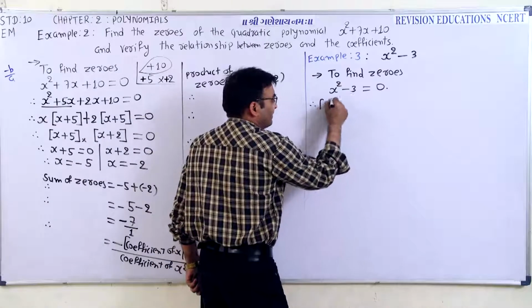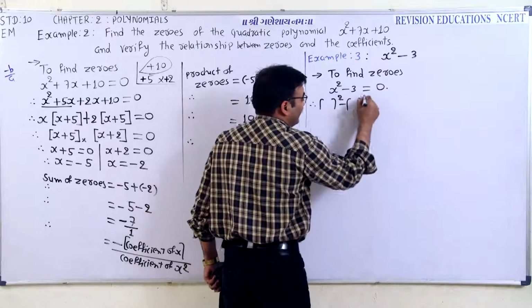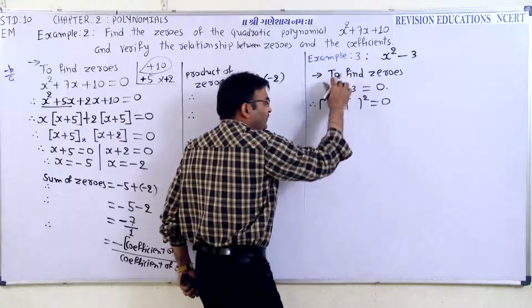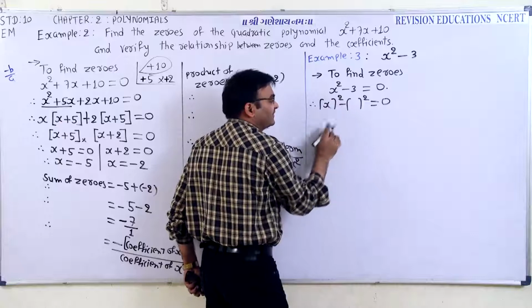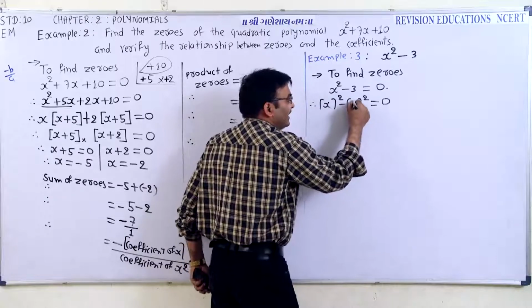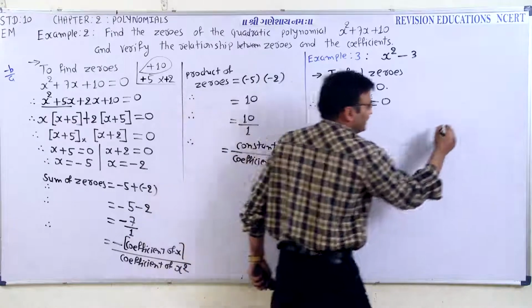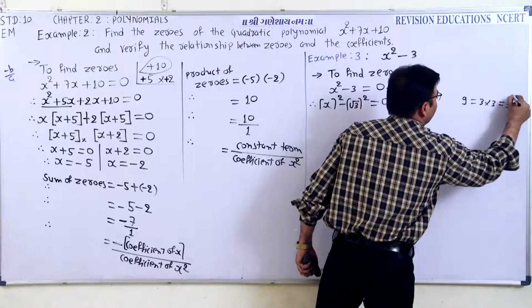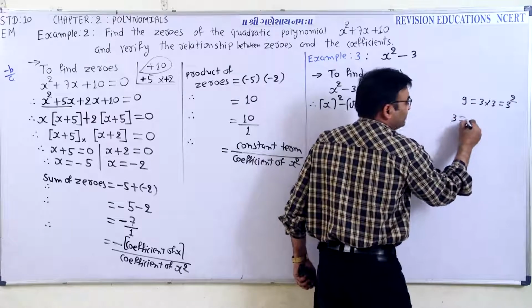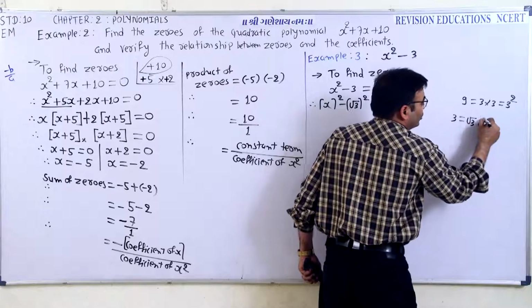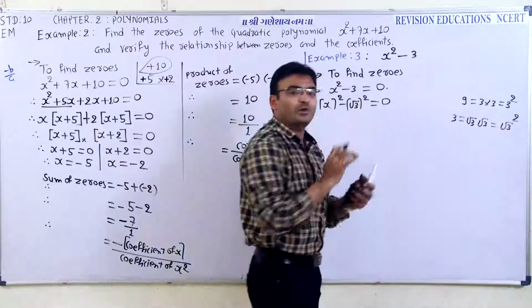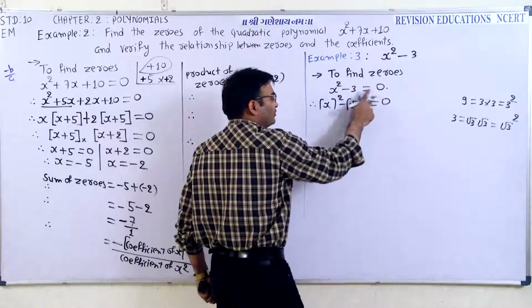Its factorization, bracket square minus bracket square is equal to 0. x square का स्क्वायर रूट होता है x, 3 का हम लिखेंगे √3. फ्रेंड्स 9 होता है तो हम लिखते हैं 3 into 3, 3 square. बट 3 होता है तो √3 into √3 means √3 square. So we write here √3 square.